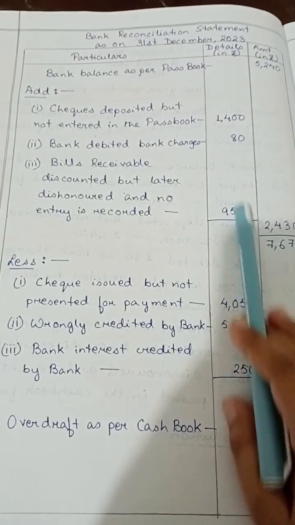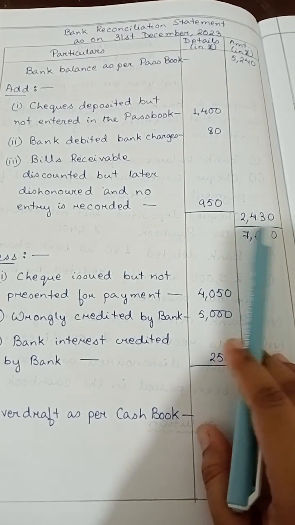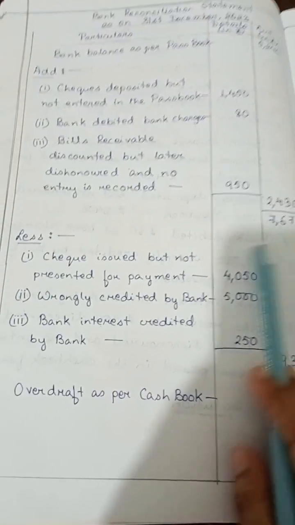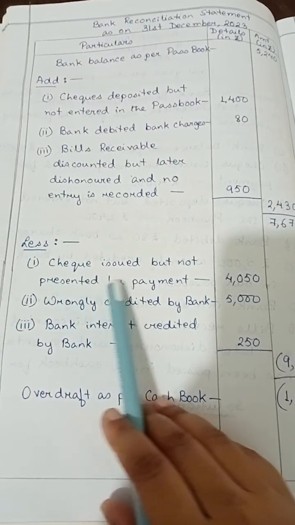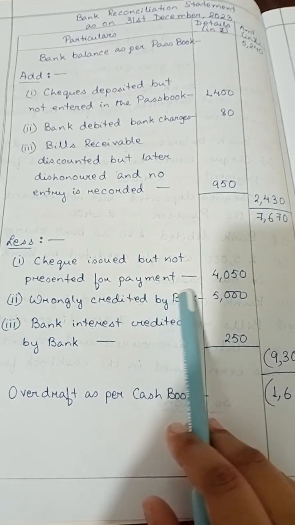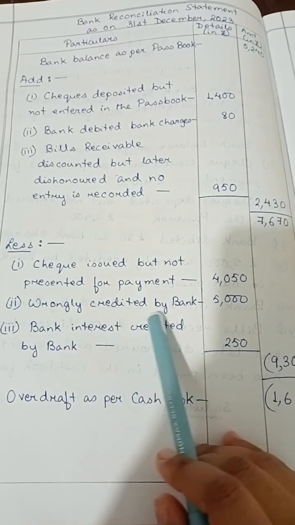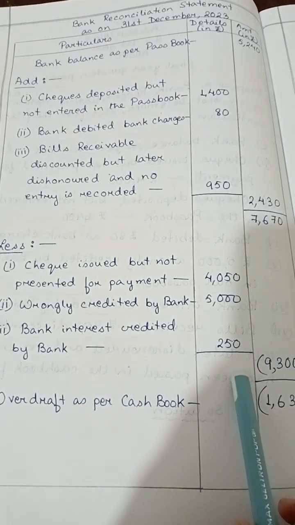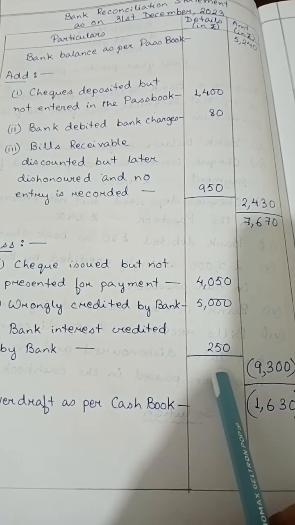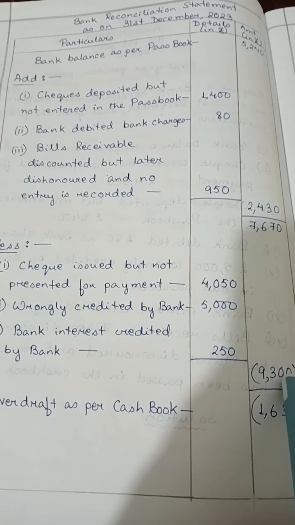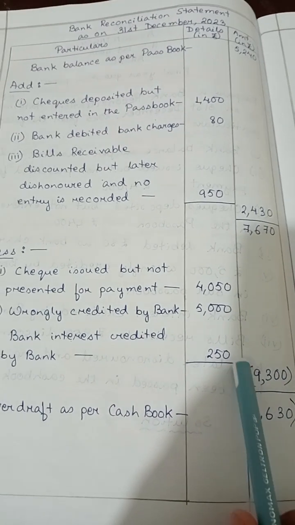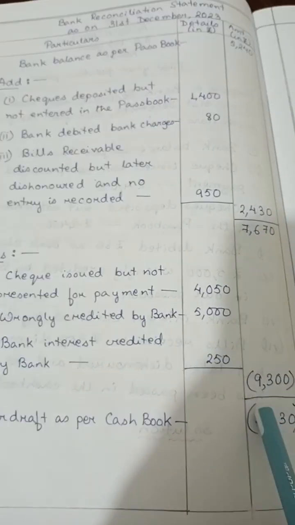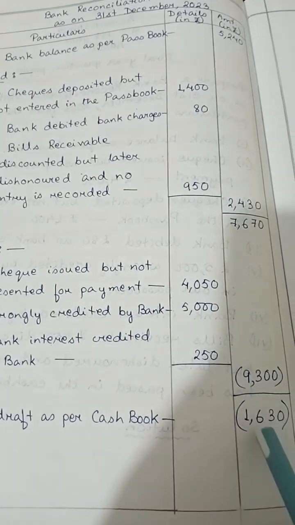Now you add all the items and you get this total. Then the negative items are cheque issued but not presented for payment, wrongly credited by bank, and bank interest credited by bank. You add these up, and this is negative because you have to deduct it from the earlier amount.